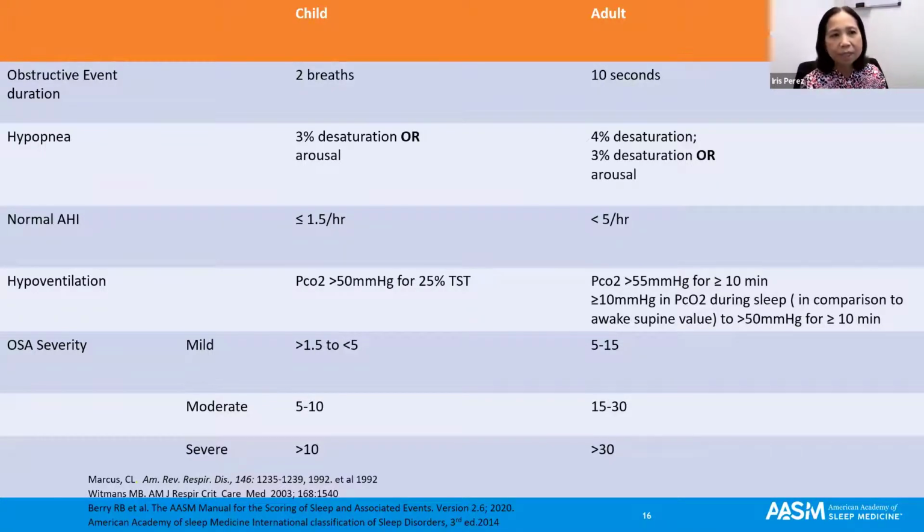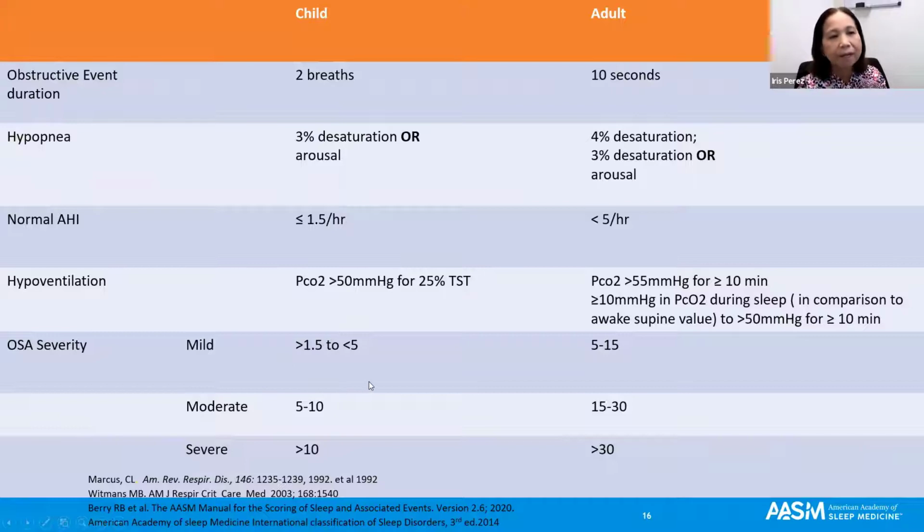Compared to children, the normal AHI in adults is less than 5 per hour. And hypoventilation is defined as CO2 or its surrogate of more than 55 millimeters mercury for 10 minutes or more, or a rise of 10 millimeters mercury or more in CO2 during sleep compared to an awake supine value to more than 50 millimeters mercury.